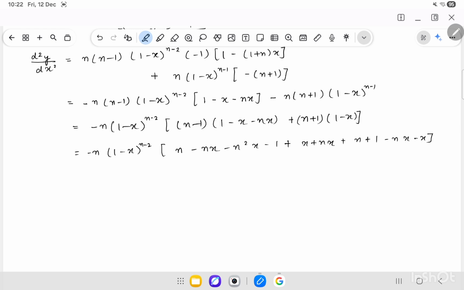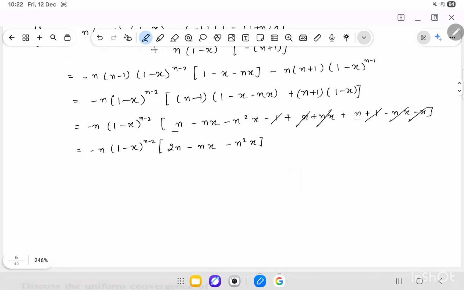If I simplify it, nx balances nx, likewise the others balance, so we'll be left with minus n(1 minus x)^(n minus 2) times (2n minus nx minus n square x). Again we can pull out n from here, so it will be minus n square (1 minus x)^(n minus 2) times (2 minus x minus nx).